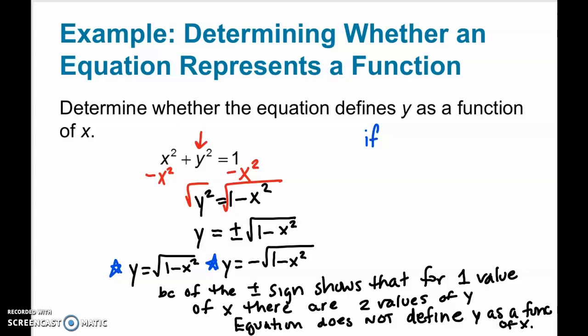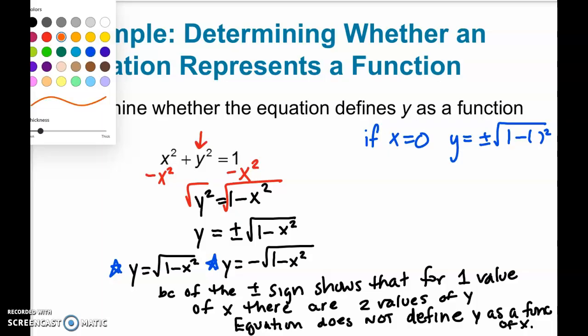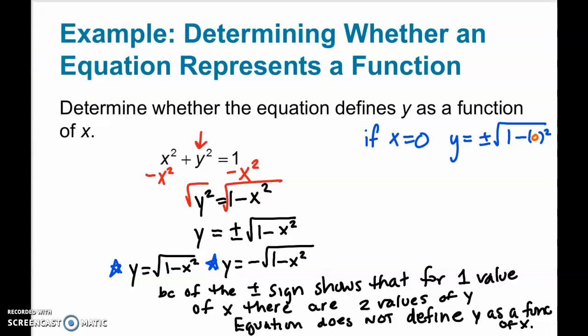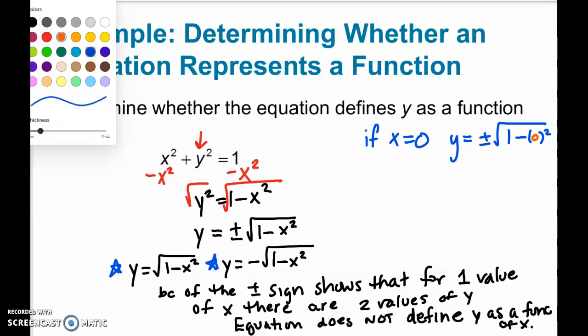If x was 0, what would you get for y here? So y is equal to plus or minus the square root of 1 minus x squared. But x, we said, is 0. So I'm going to put 0 in here. And let's see what we get.